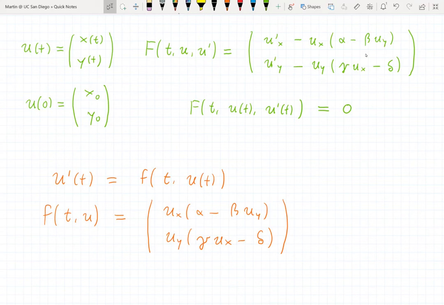That is a Cauchy formulation of the problem, and we can apply our results on the existence and uniqueness of solutions by analyzing this function f in the right-hand side of the Cauchy problem.